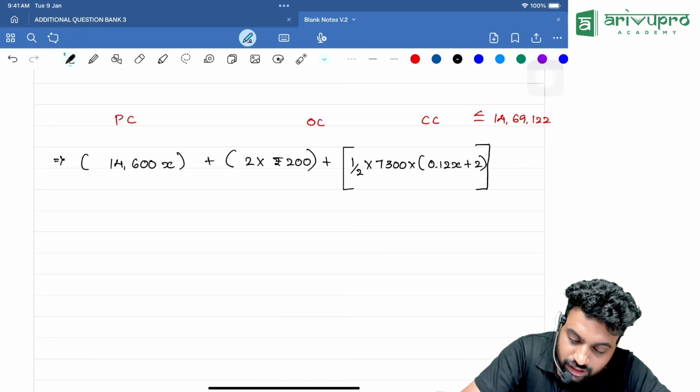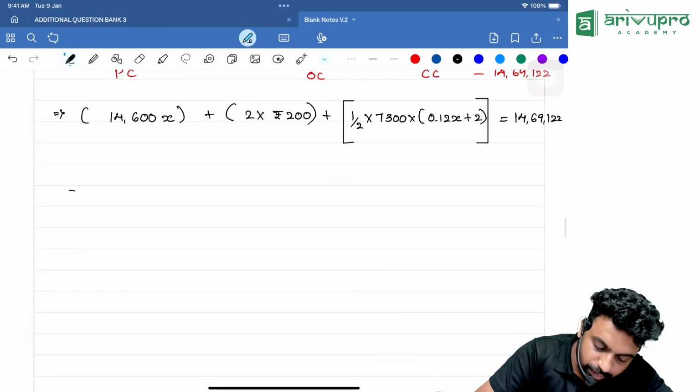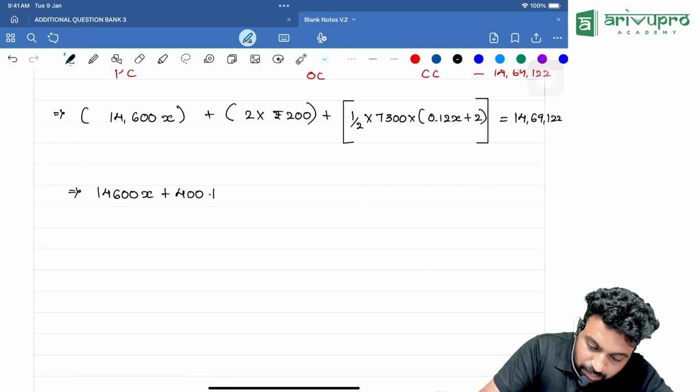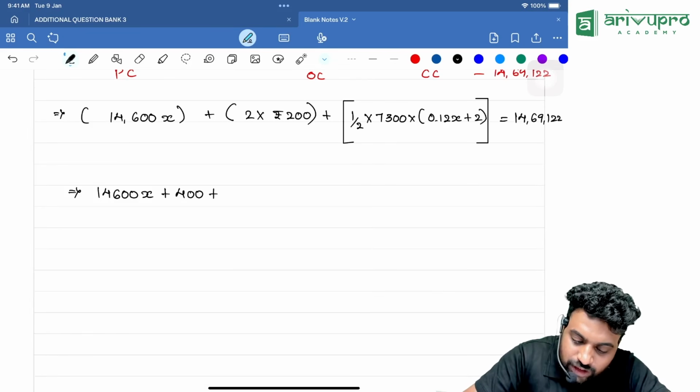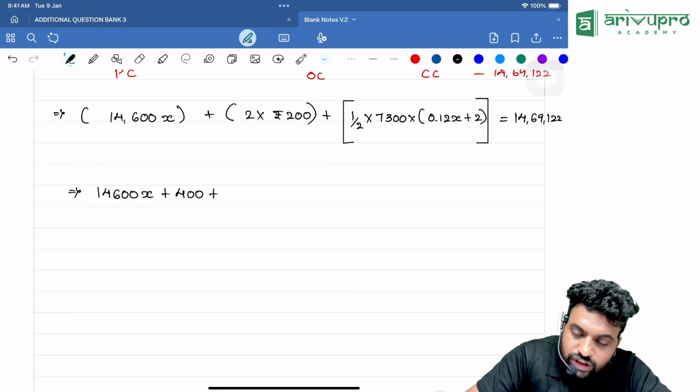Got it? All this should be less than or equal to 14,69,122. Now it will be 14,600x plus 400 plus half of 7,300 is how much, guys? 3650. 3650 into 0.12.